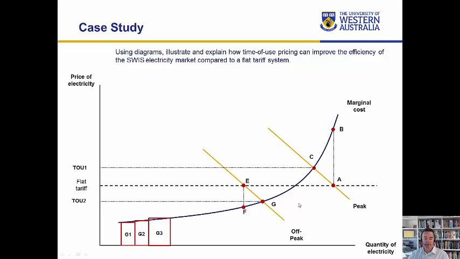So let's get back to this idea of a deadweight loss. The area EFG is a deadweight loss. Okay, why?